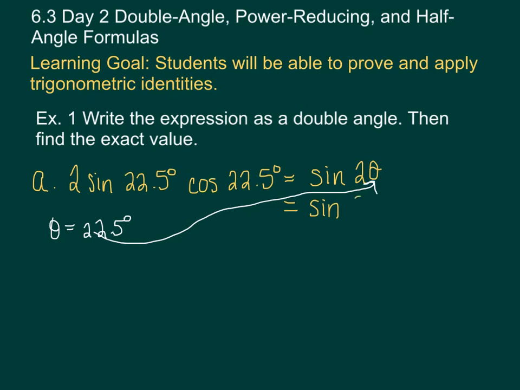So it'll be 2 times 22.5 degrees, and 2 times 22.5 is 45. And sine of 45 is the square root of 2 over 2.